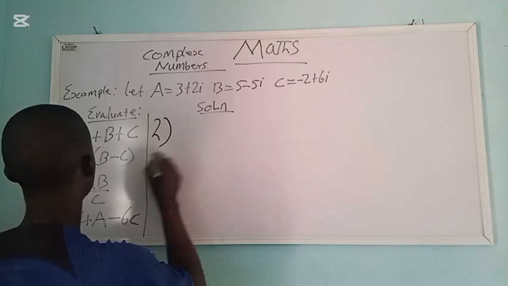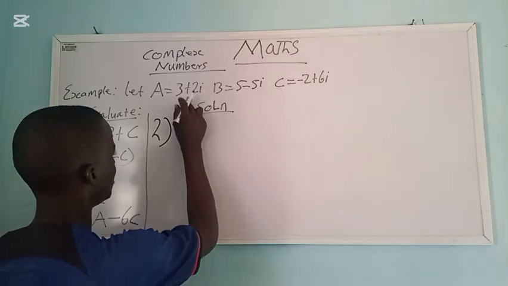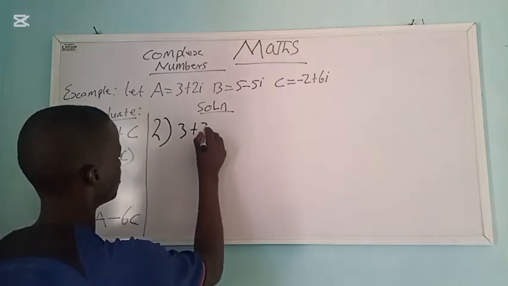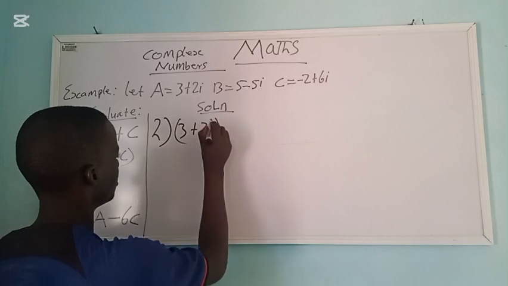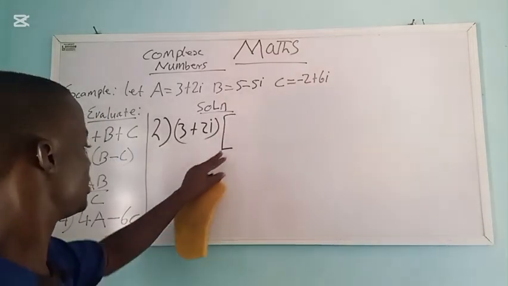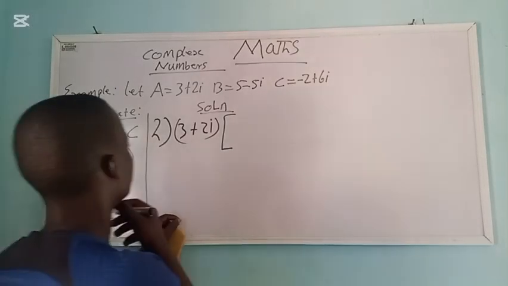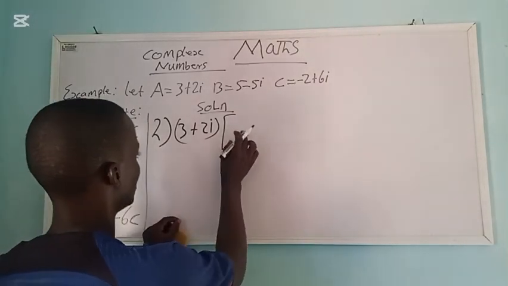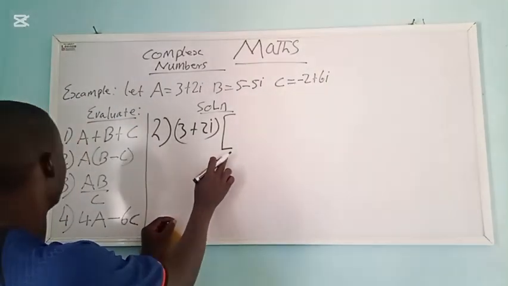Number 2, we have A, this one, 3 plus 2i, all in bracket. Pardon me for using the symbol. Because there will be another bracket inside, that's why I use the symbol.